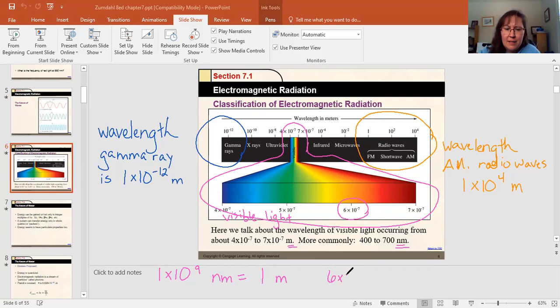Well, 6 times 10 to the negative 7th meters, times, so we have to have meters on the bottom so that they'll cancel, and the nanometers on the top, and then we put in that 1 times 10 to the 9th nanometers over 1 meter. Go ahead and check your calculator if you're not sure. But when you do this, 6 times 10 to the negative 7th times 1 times 10 to the 9th, you will get 600 nanometers. And that is the wavelength of this color light right here.